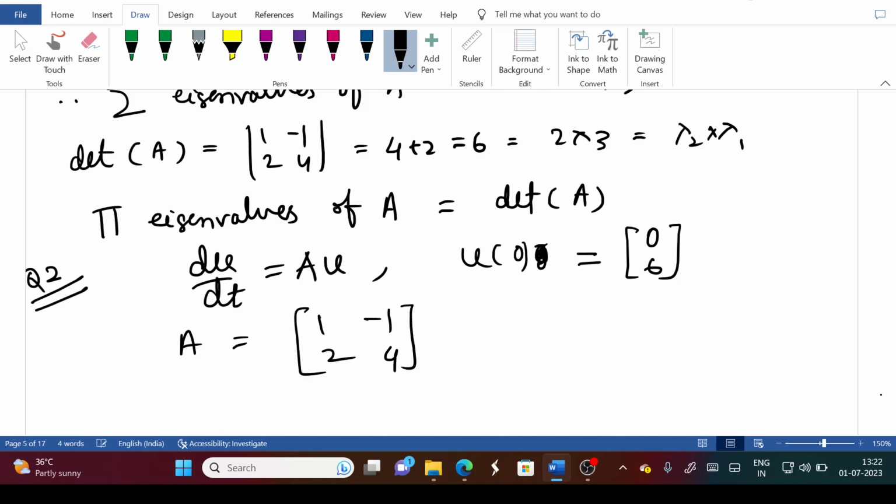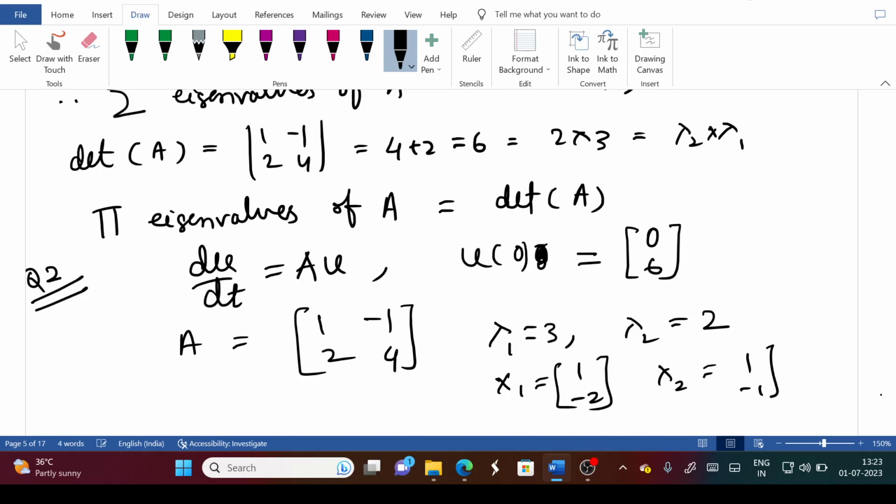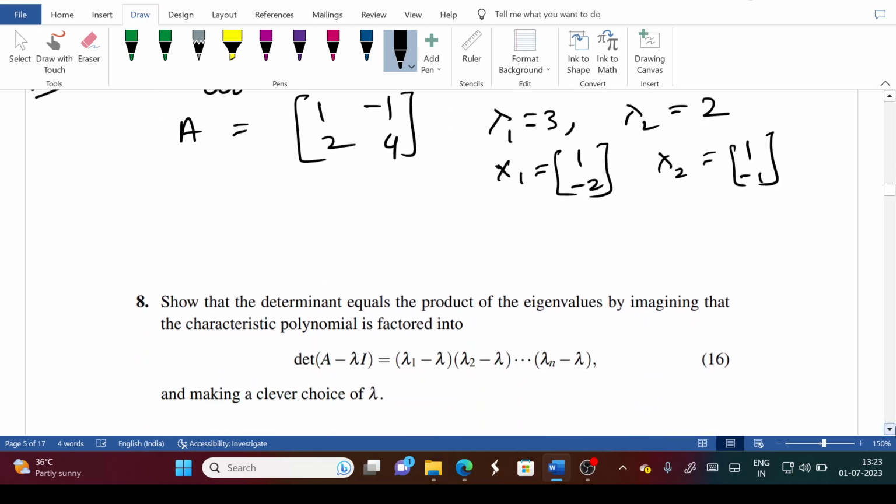That implies lambda 1 is equal to 3, lambda 2 is equal to 2, and the corresponding vector x1 is equal to (1, -2), and the corresponding vector x2 is equal to (1, -1). Already these things are there in question number 1.